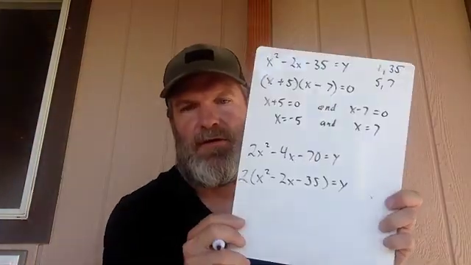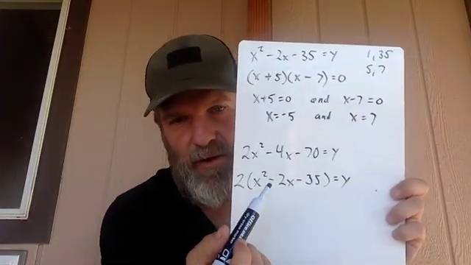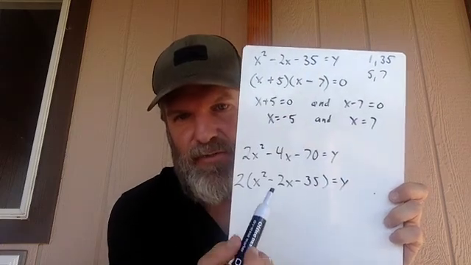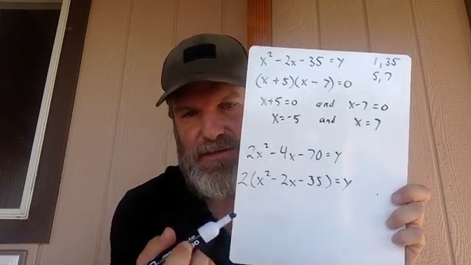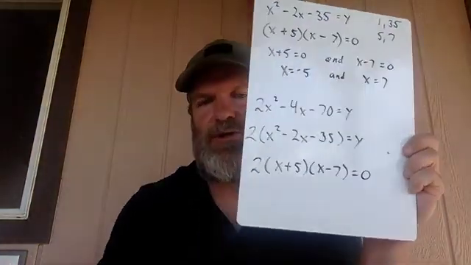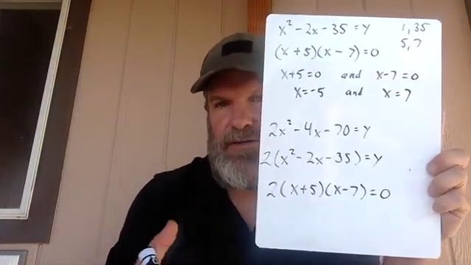And now, like magic, we're right back to the first example. Inside the parenthesis, that's the same thing we just did. So this is going to factor the same exact way, and you're going to have a 2 out in front of it. That's going to be the only difference. So it's going to be 2 times the quantity x plus 5 times the quantity x minus 7 equals 0. Now, is that going to change your zero product rule?